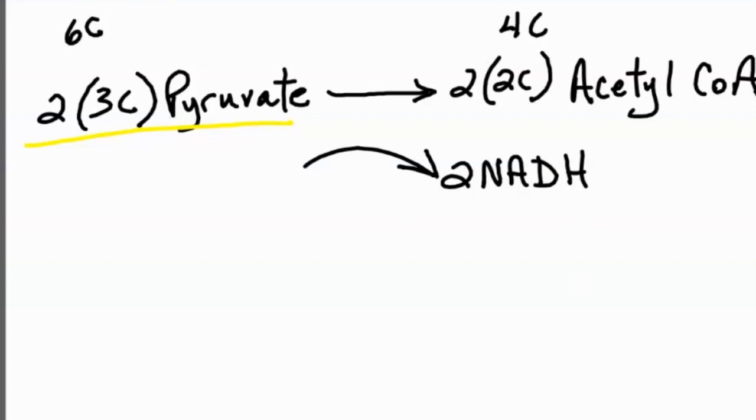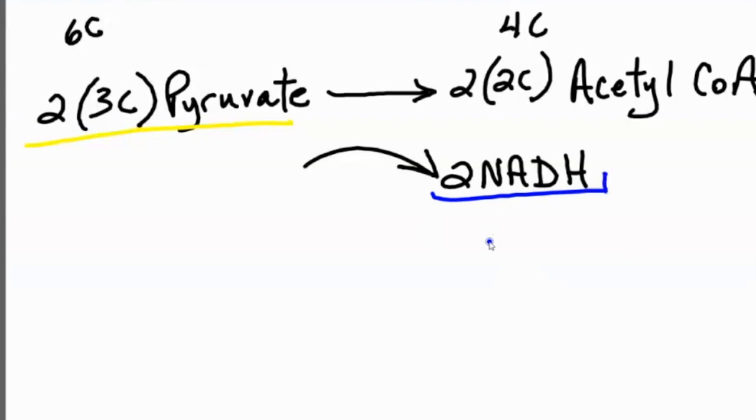NADH. So this step right here in the second step, and it has a couple of different names. I'll tell you about the name of it in a second. All we get energy-wise is 2 NADHs. That's it. This step does not produce ATP. It simply produces 2 NADHs.